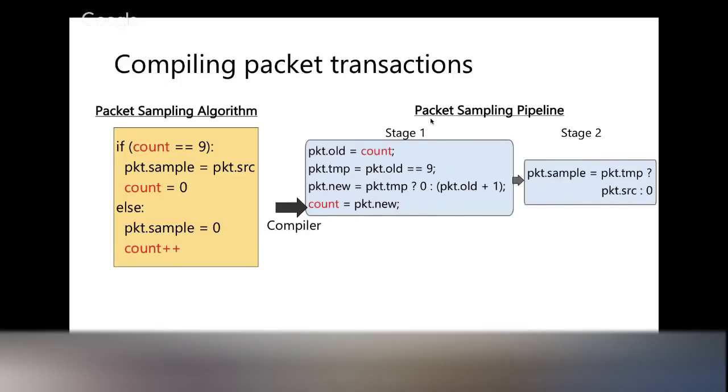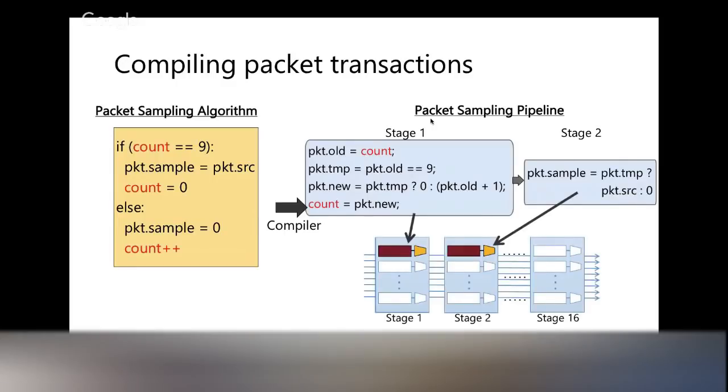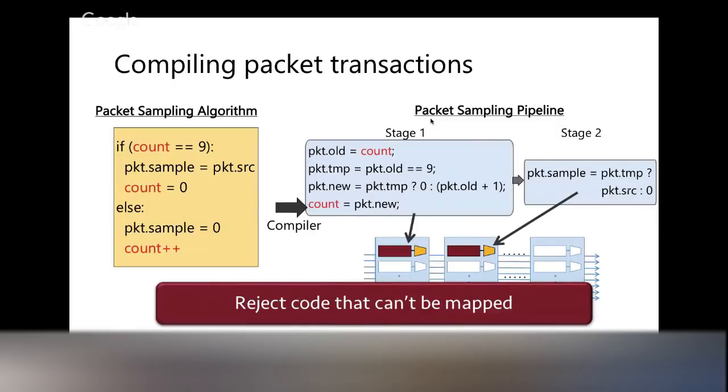And in the second step of the compiler, we take these codelets and map them to underlying atoms provided in the hardware. Now, it might turn out that the space of computations that the atoms capture, because of their digital circuitry, is insufficient to actually implement the codelets, in which case we reject the code and tell the programmer that it can't be mapped.